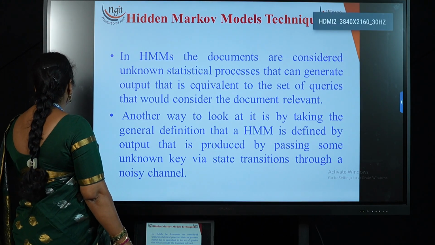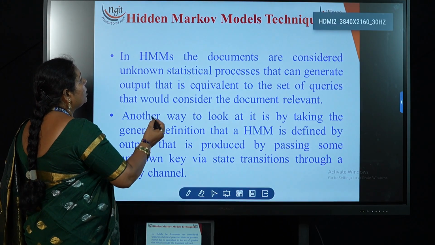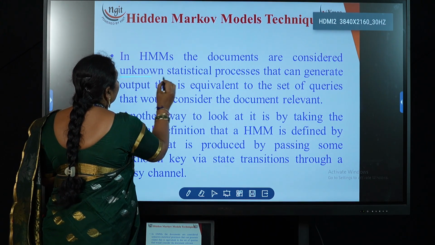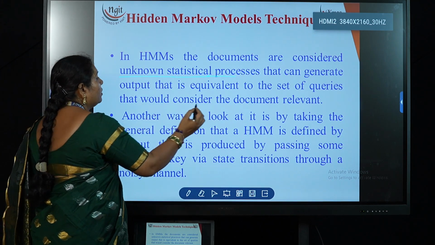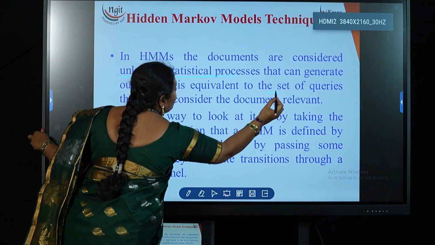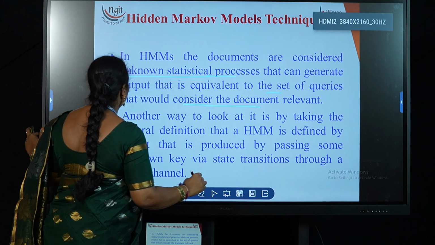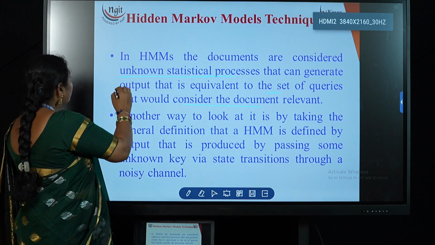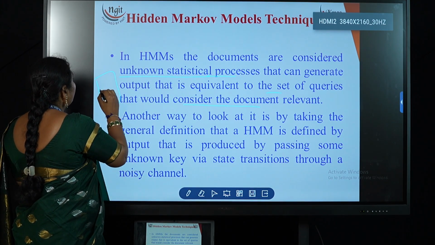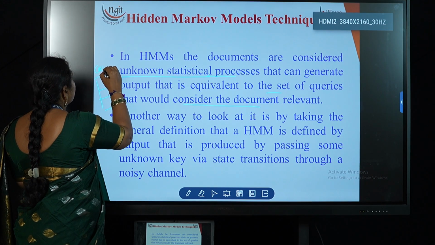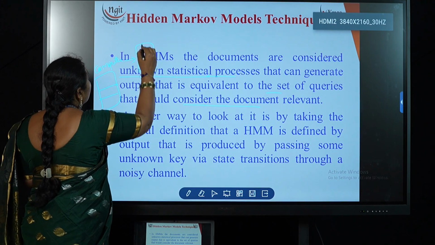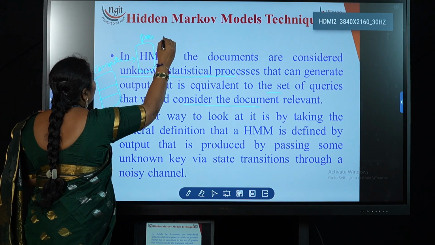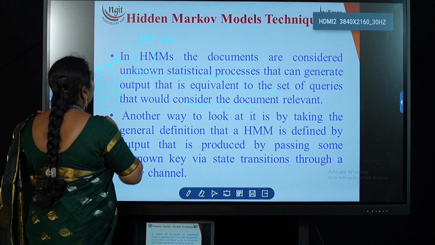In HMMs, we are going to take the data from unknown statistical processes which are equivalent to the required set of queries and which are relevant to that particular document. In the previous example, if you have computer, whatever related letters you store in document 1, document 2, like that we stored.